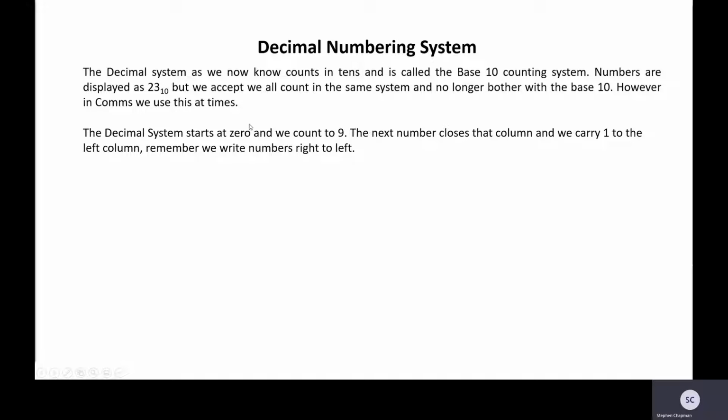The decimal system starts counting at 0. Very important point, we start counting at 0. We go from 0 and we count to 9. When we reach 9, that column becomes a 0, and we carry one over to the left-hand side. As we grow the number to the left-hand side, remember that we write our numbers right to left.